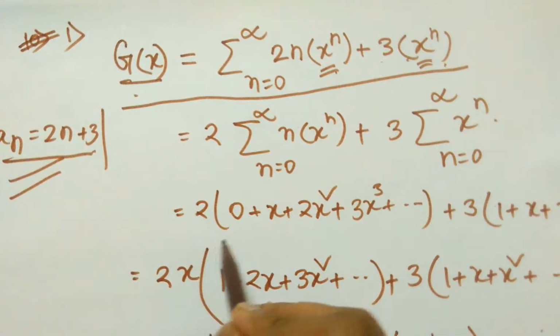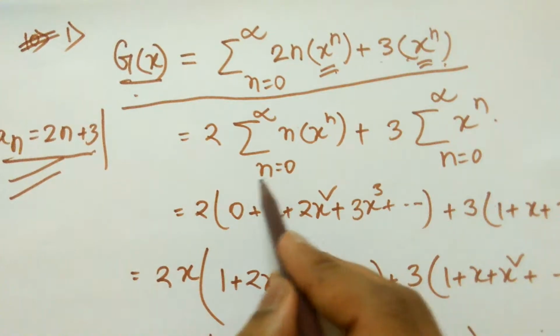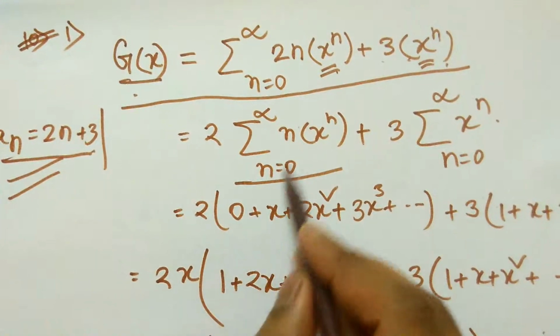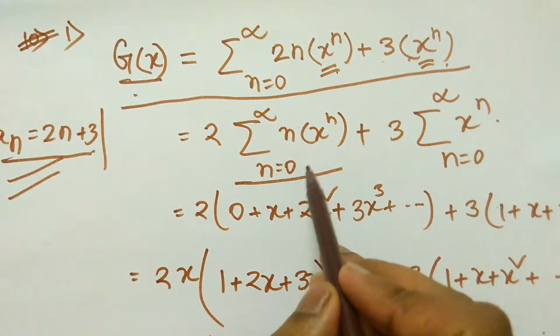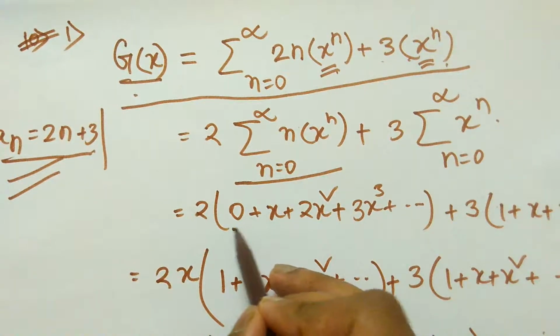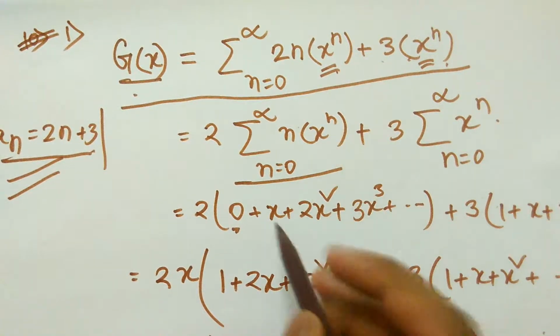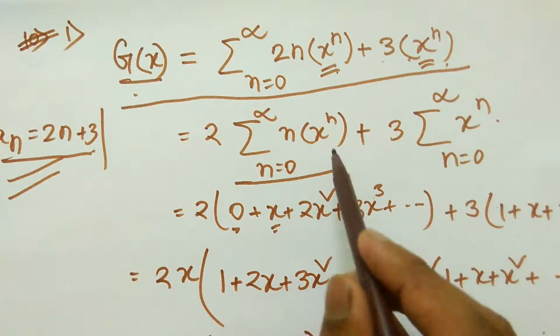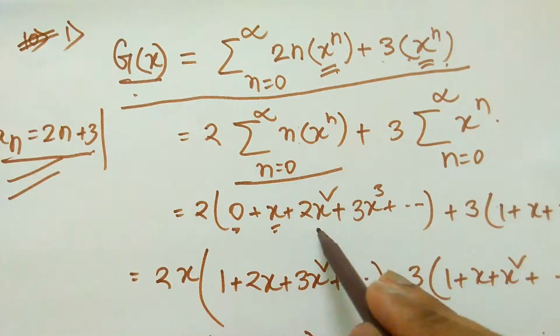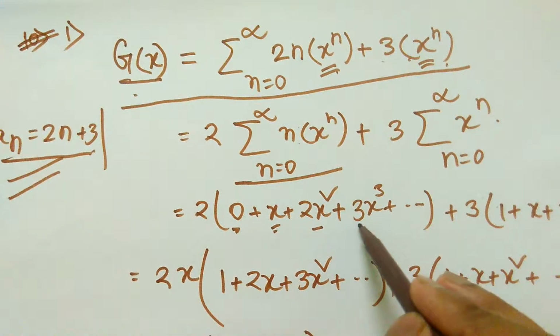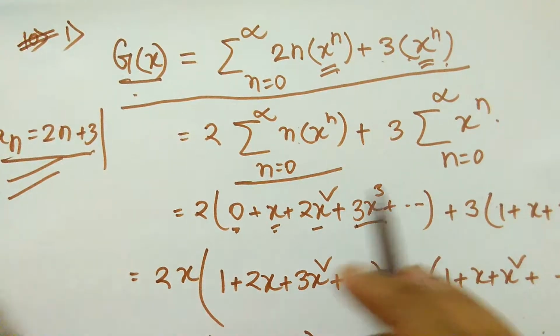so after that we are expanding this thing. So like here, when the value of n is 0, we will get 0. When the value of n is 1, we will get x. When the value of n is 2, we will get 2 into x square, like this 3 x cube.